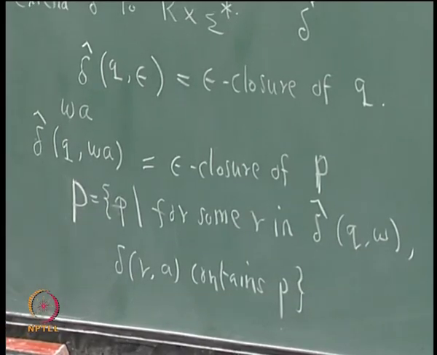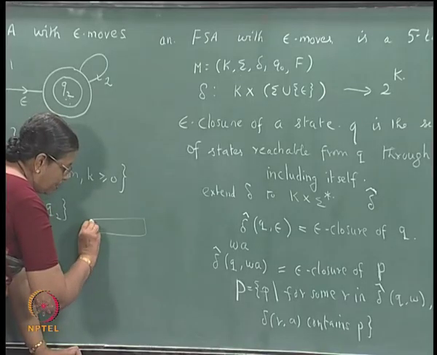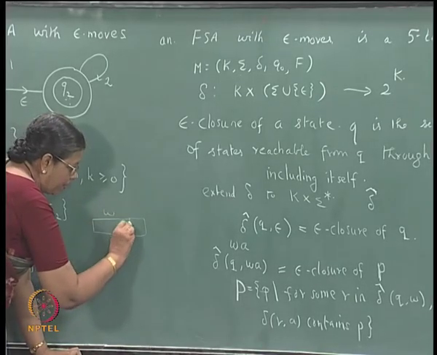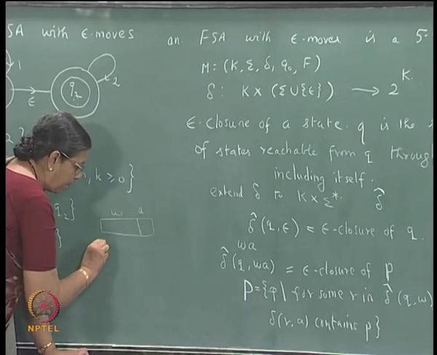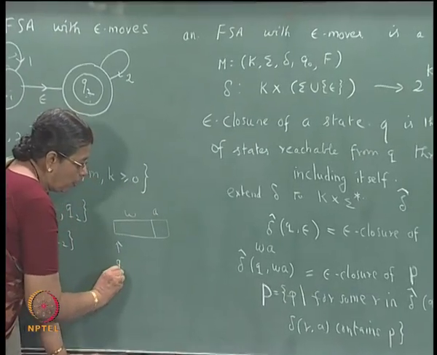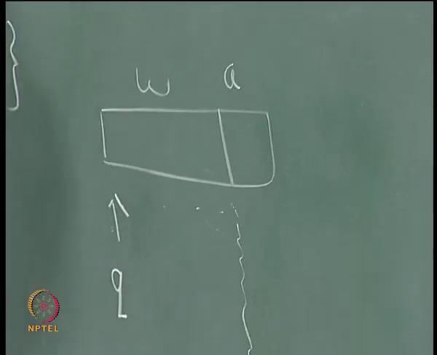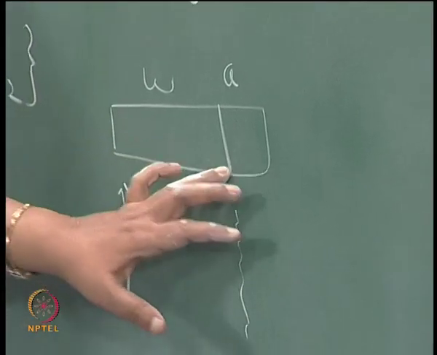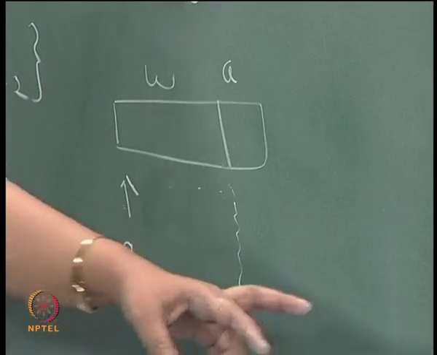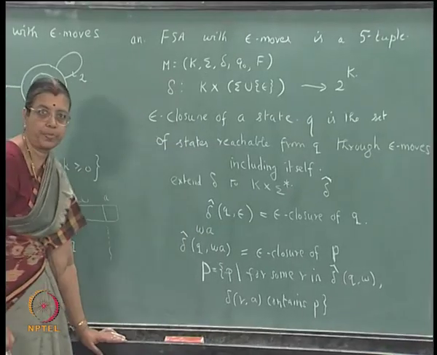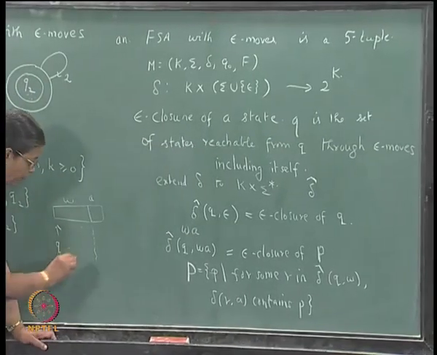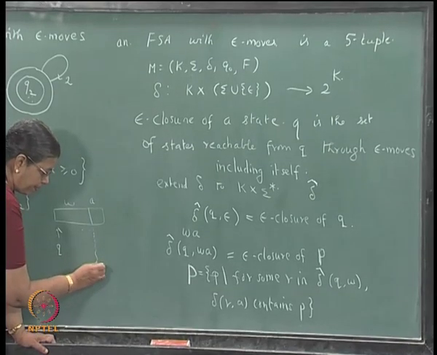What this essentially means is, supposing there is a string WA, starting from Q, after reading W you can be in a set of states, that is denoted by delta cap of Q, W. So, R is one of them.